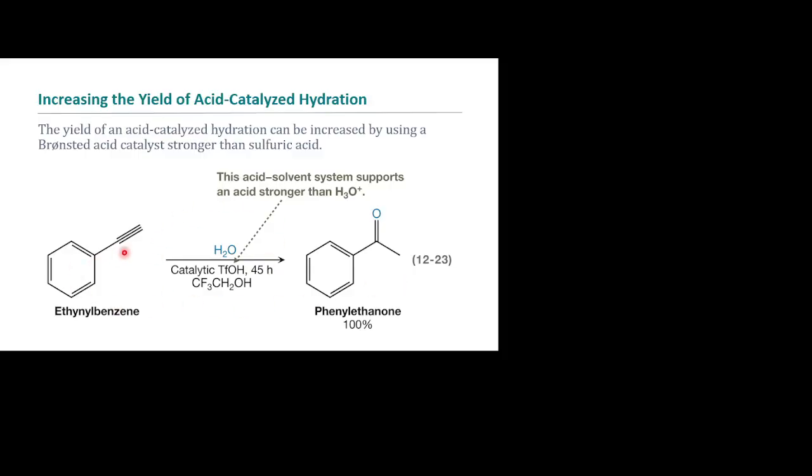Now, this again is that same reaction. If we use this acid system right here, this is a whole system that you have to use. You can't just do this in like normal solvents with everything else. It has to be set up. You can use this catalytic trifluoromethane sulfonic acid is what that is.